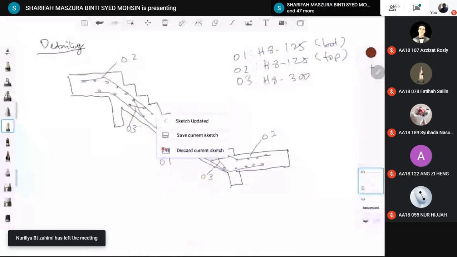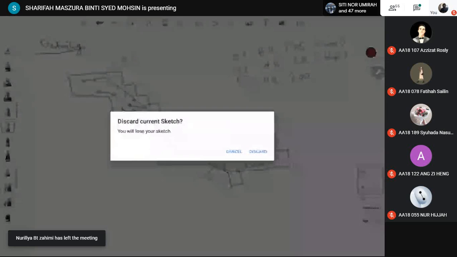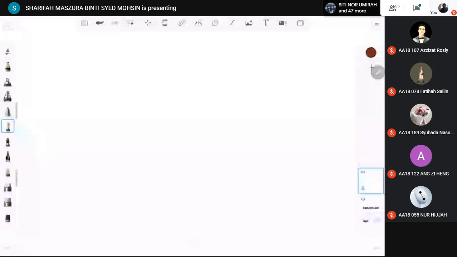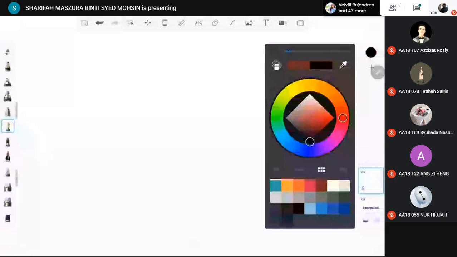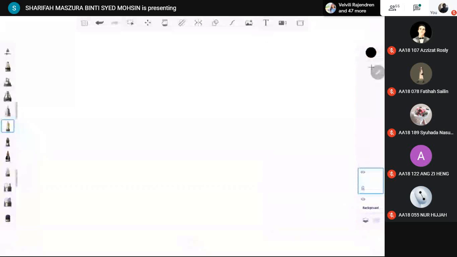So using the same specification given like previous, average thickness, similar average thickness that we have calculated before, Y and T.